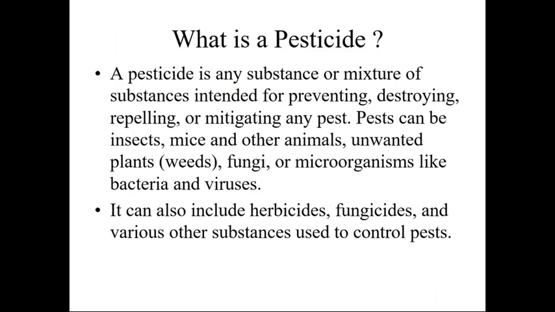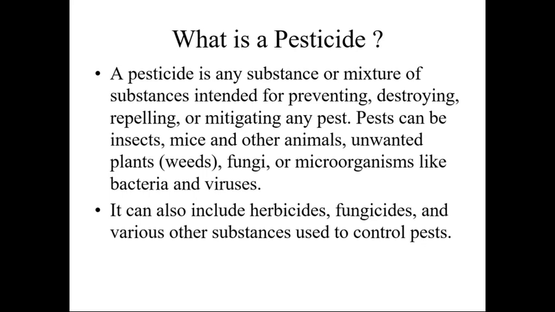Now coming to what is a pesticide. All of you know that a pesticide is a substance or a chemical which is used to prevent crop loss by any pest. These pests can be insects, they can be rodents like mice, they could be other animals, they could be weeds, fungus, bacteria, and virus.